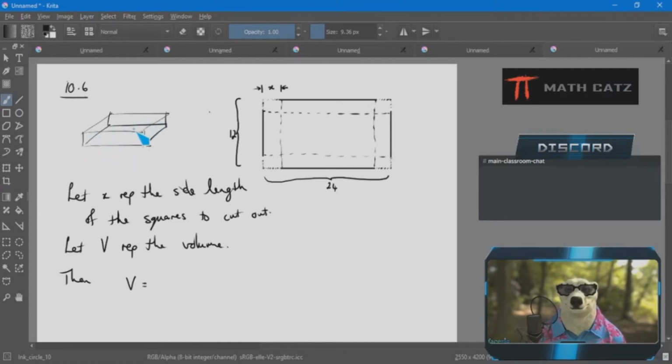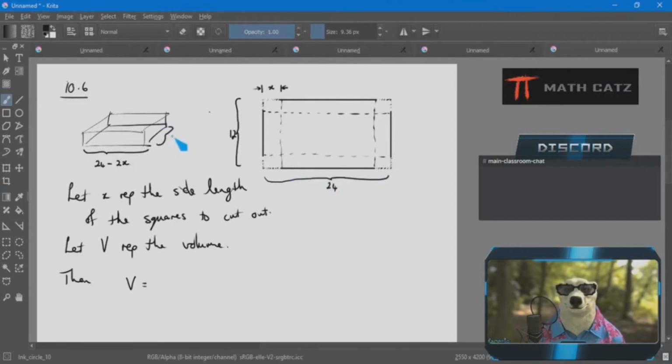Now, once I folded it up, it changes the length to the original 24 minus 2x, the lengths that were cut out on either side.